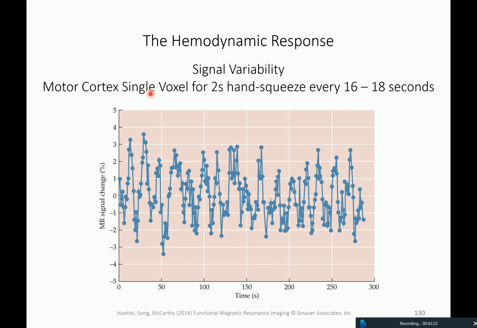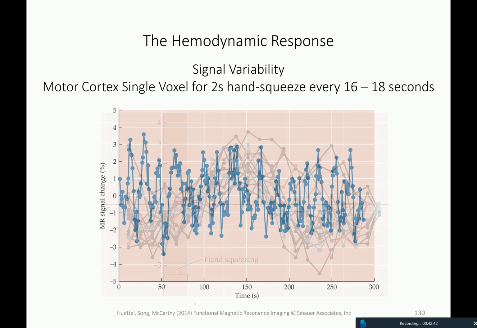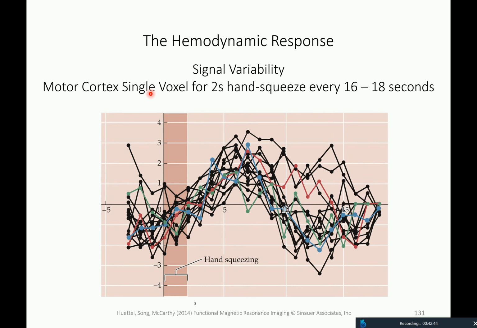Especially if you analyze data yourself, you shouldn't always expect to see these nice textbook figures in your own data. If you average a lot and so on, they might look more like that, but definitely not on a single trial, like for EEG.